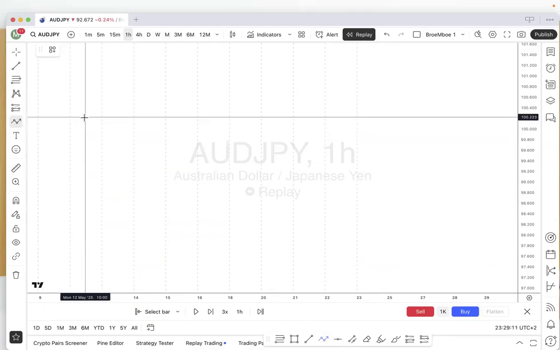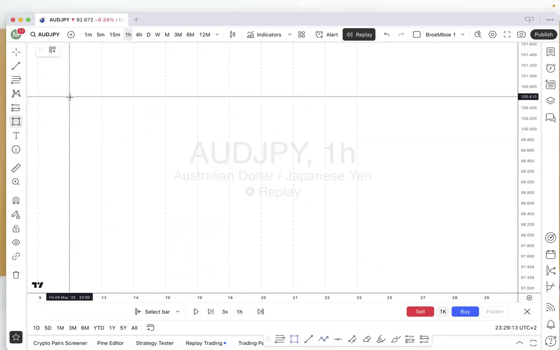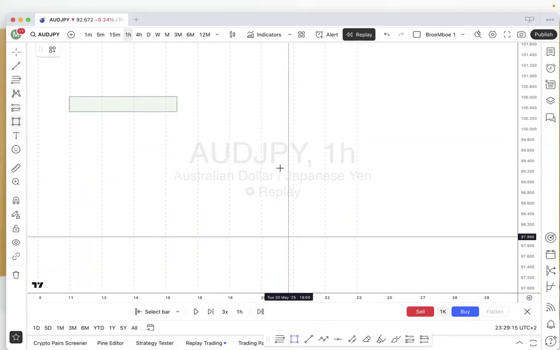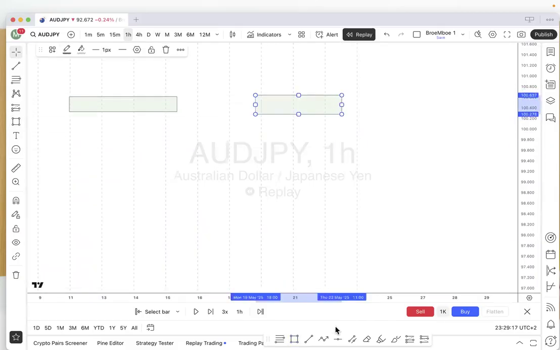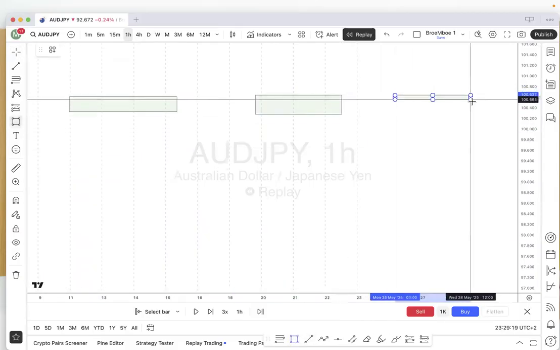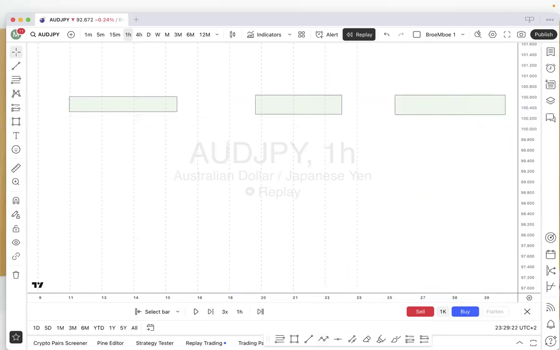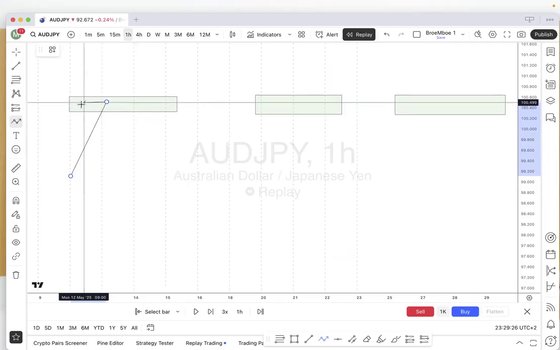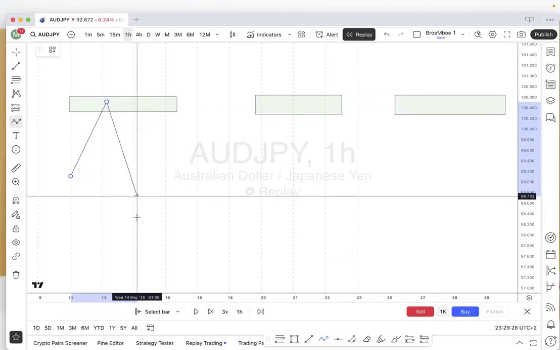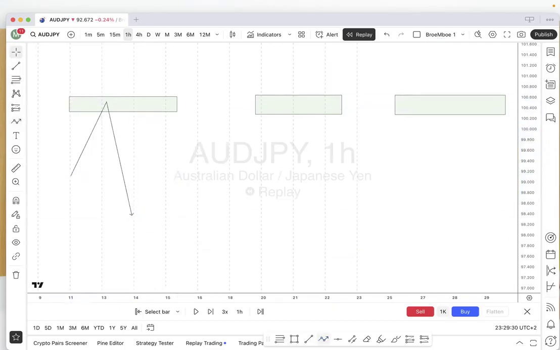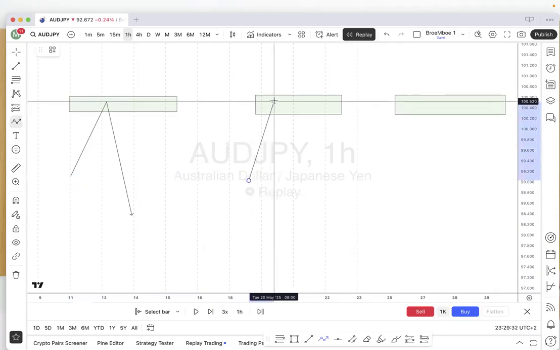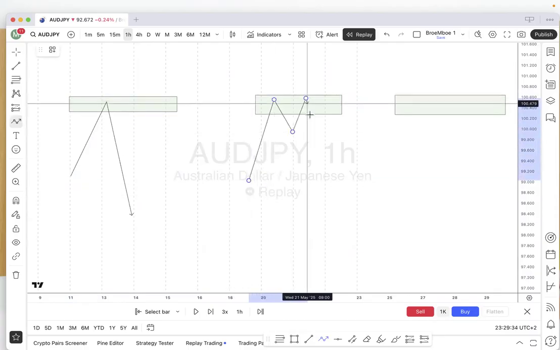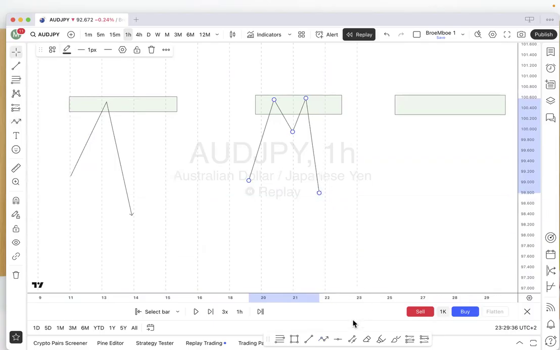Number 1, we can have an area of reference where we want to enter. We can enter when price gets there, put in our entry and go down, or we can wait for price to form an M in that area, then we go down.